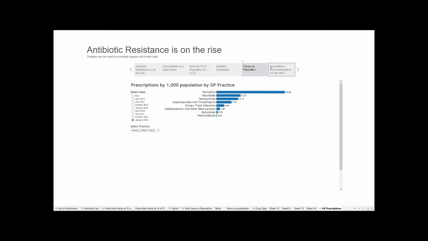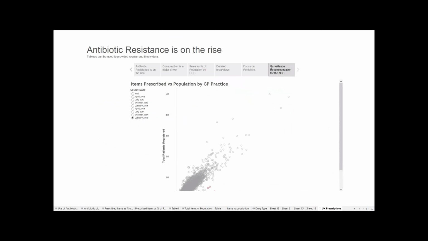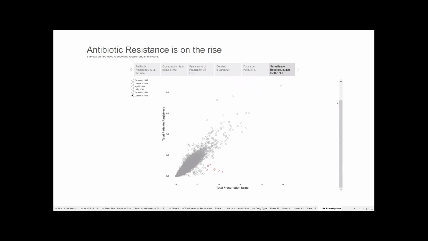And finally, I've created a scatter plot which compares the total patients registered against the prescription items. I just used the most recent data, which was for January 2015, and I created a set because the focus needs to be on these practices where there are not so many patients registered in comparison with the rest of England, but they're prescribing a lot.